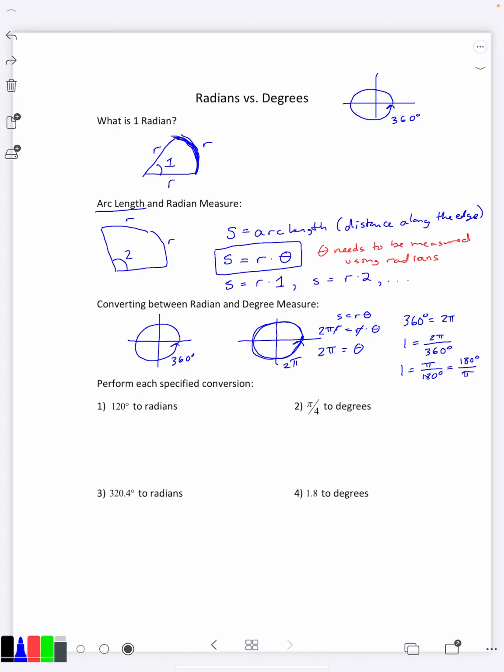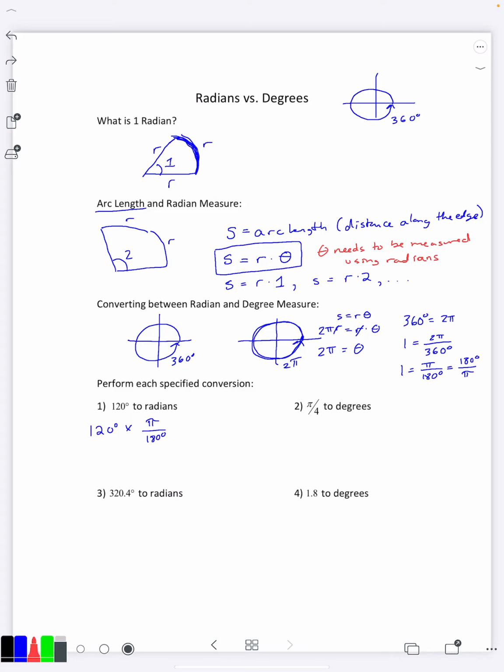The first conversion is 120 degrees to radians. So I'm starting with a degree measure. I want to end up with a radian measure. So I'm going to choose to multiply by 1. But the way I'm going to multiply by 1 is by multiplying by pi on top and 180 degrees on the bottom, which is the same as the number 1 already.